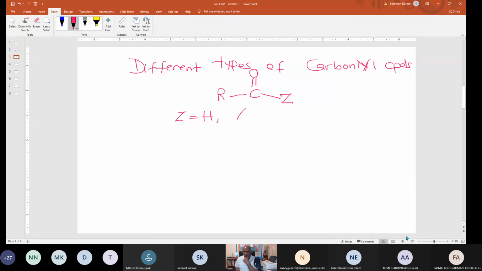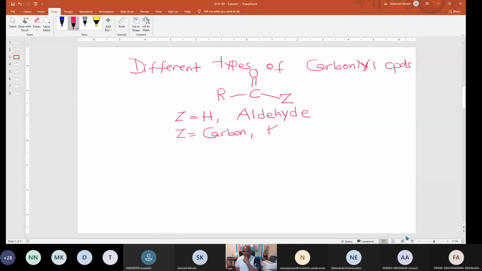When Z is a hydrogen, it is an aldehyde.